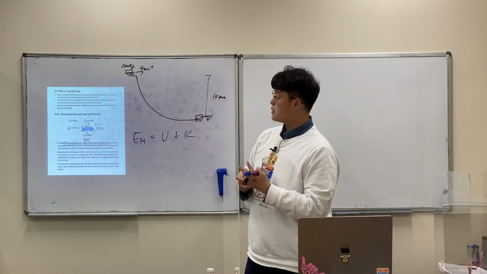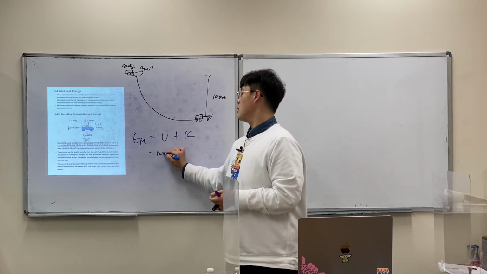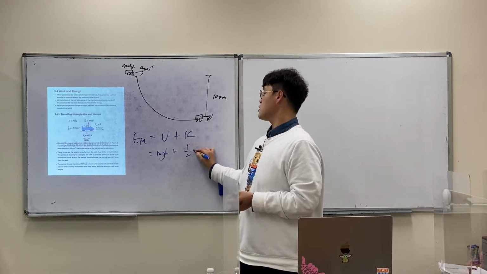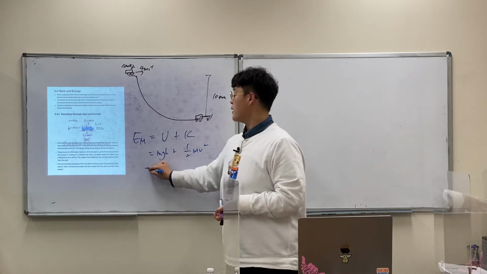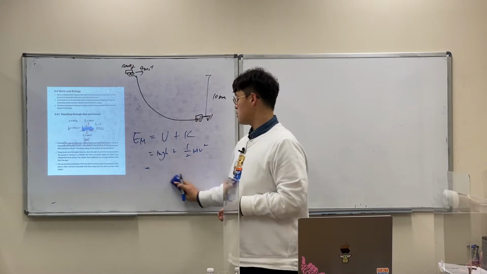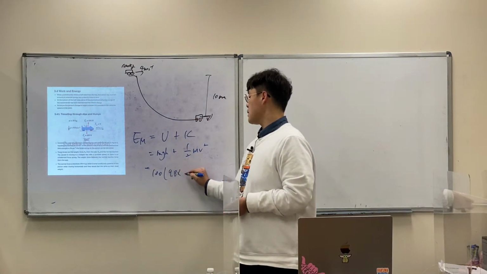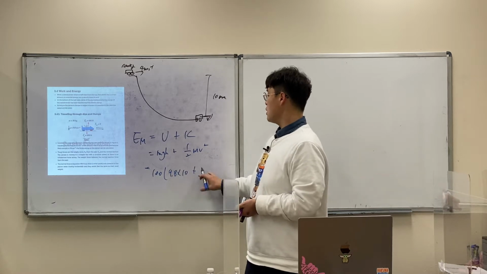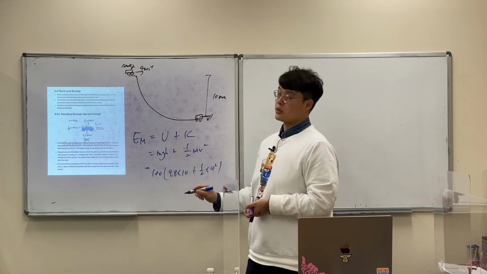At the top, at the 10 meter, U was initially mgh plus half mv squared. So at the top, we can find that m is 100, times g, 9.8, times height, 10, plus half times v, which is 4 squared.